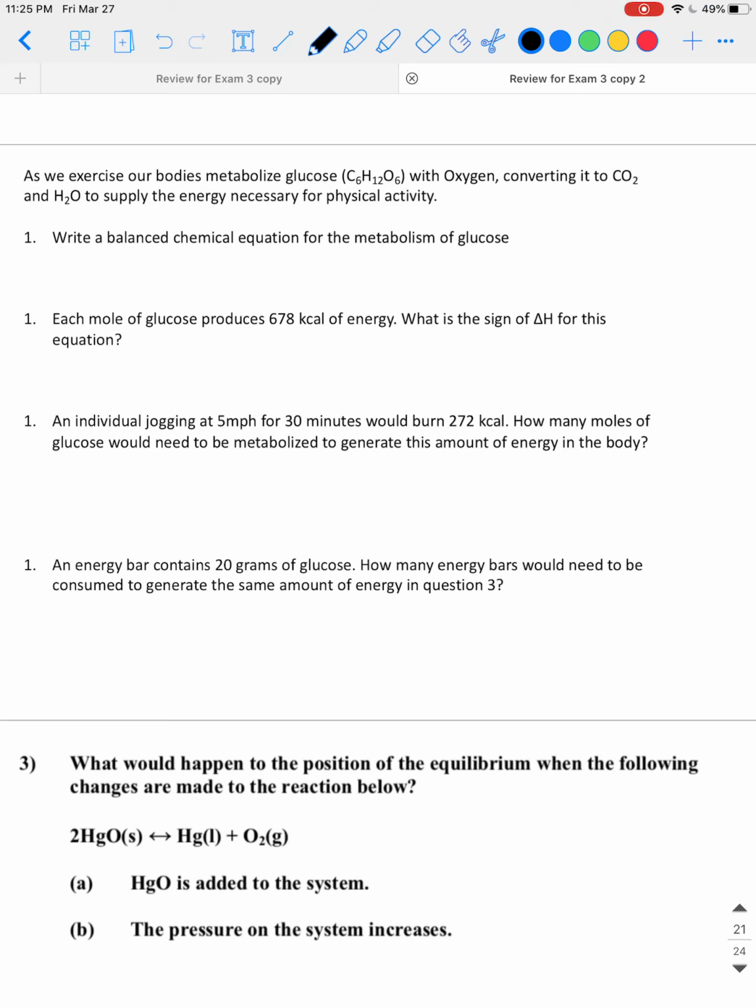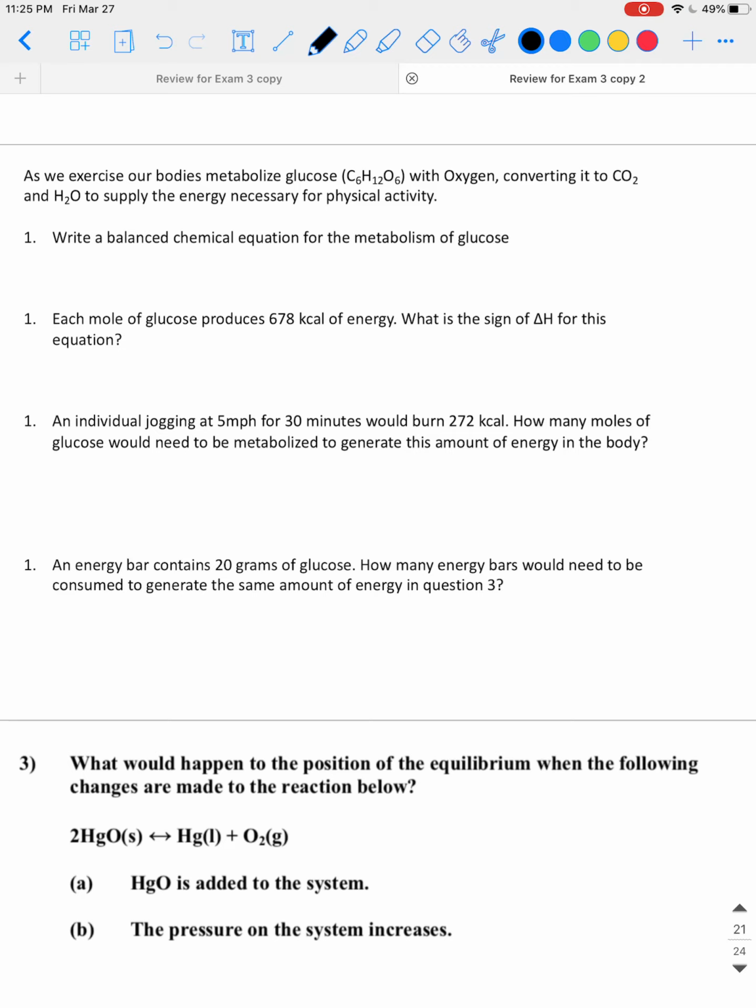This next problem says, as we exercise, our bodies metabolize glucose, C6H12O6, with oxygen, converting it to CO2 and water to supply the energy necessary for physical activity. Write a balanced equation for the metabolism of glucose.